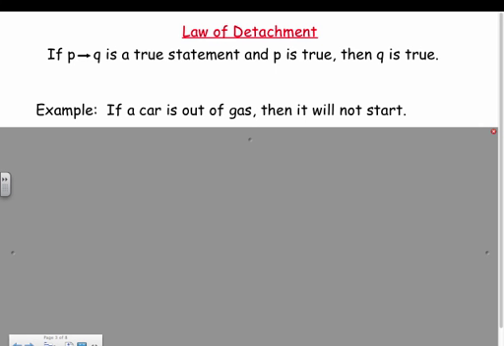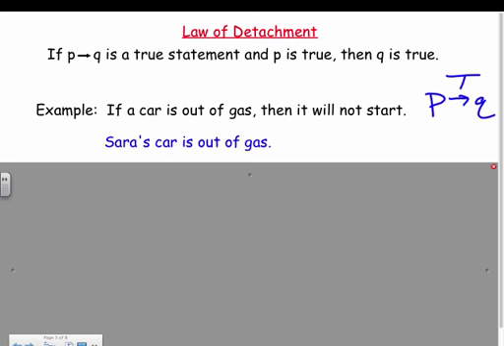So let's take a look at an example. If a car is out of gas, then it will not start. So this condition is true, right? P implies Q is true here. Well, if that's the case, and we say that Sarah's car is out of gas, now we're saying that P is true, right? P just happened.